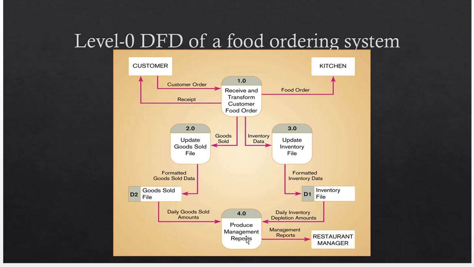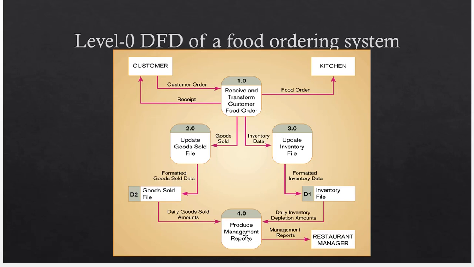And then we have also taken that information to update our goods sold file so that we show that this is the number of goods that we have sold and this is the amount of money that we have made. And we have now taken that action and then we store that information in our files or in our databases, which are our data stores. And then the manager requires reports, so the system produces management reports from the various files and gives those reports to the manager.